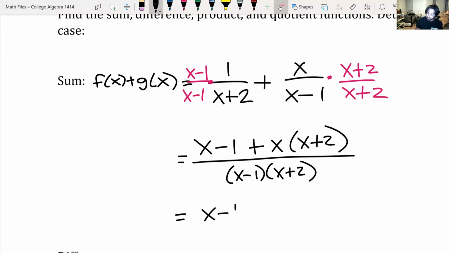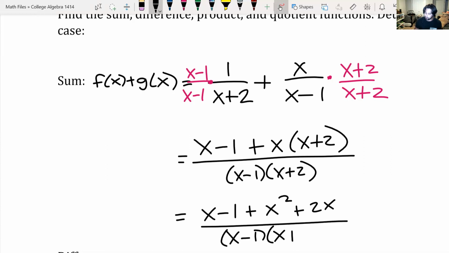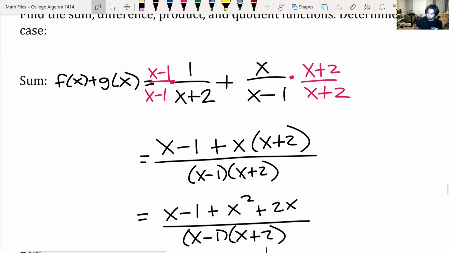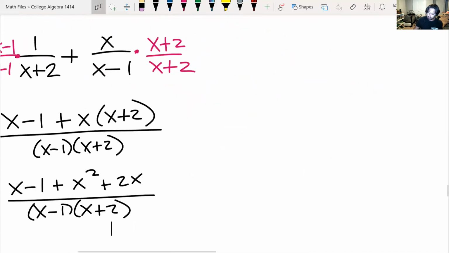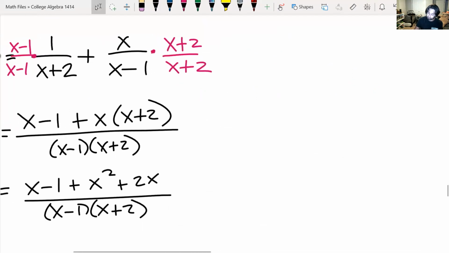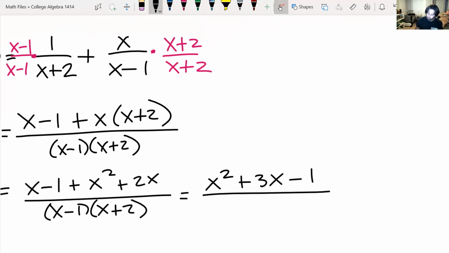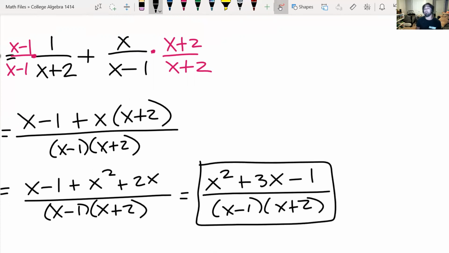Distribute that x, and we get x minus 1 plus x squared plus 2x over x minus 1 times x plus 2. Keep going. Highest power first. We'll get x squared plus 3x minus 1 over x minus 1 times x plus 2. And that one is done.